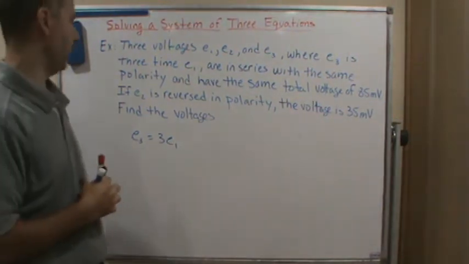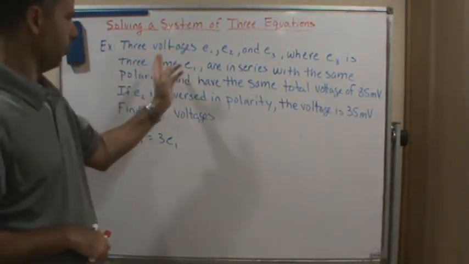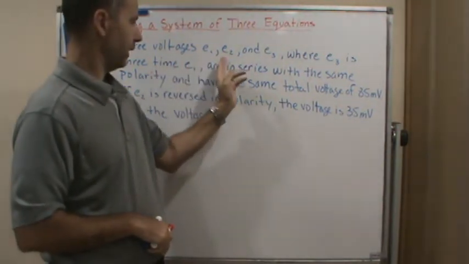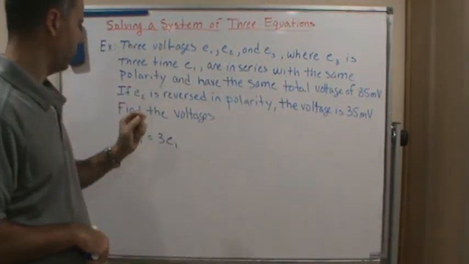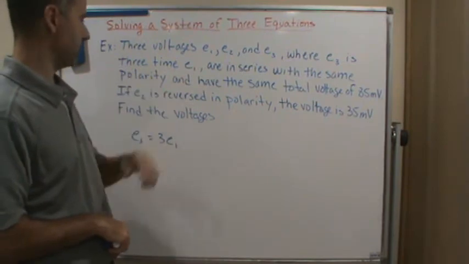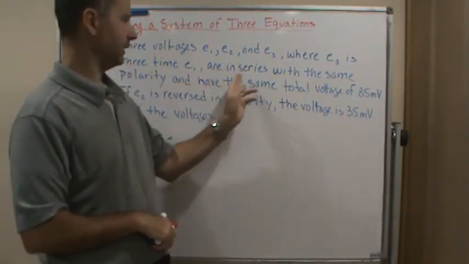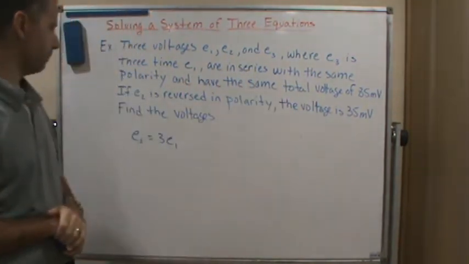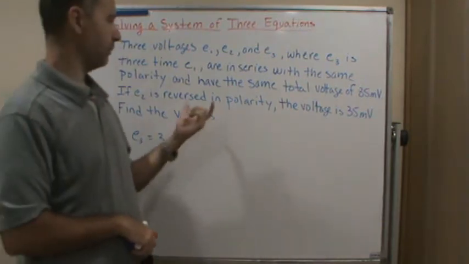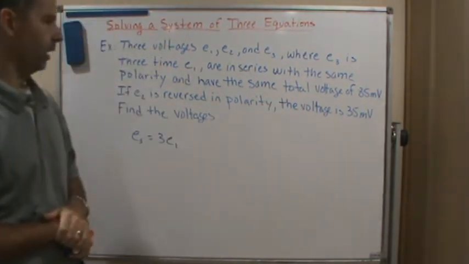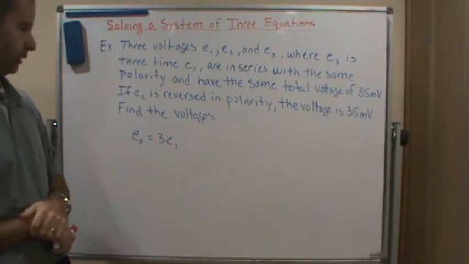Okay, let's continue. Now it says, these three voltages, E1, E2, and E3, where E3 is 3 times E1, are in series with the same polarity and have the same total voltage of 85 millivolts.